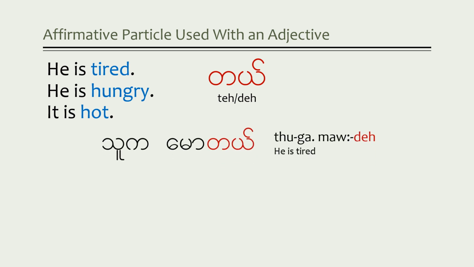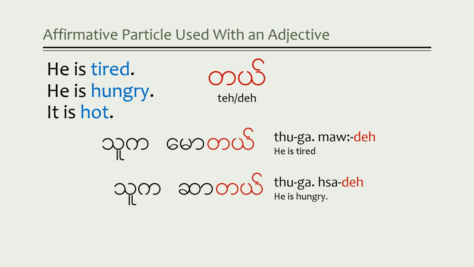To say he's tired, you would say, Tuga more. To say he's hungry, Tuga sare. To say it's hot, Pure. Now here's the main point.